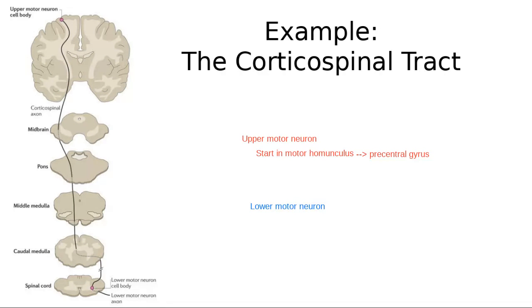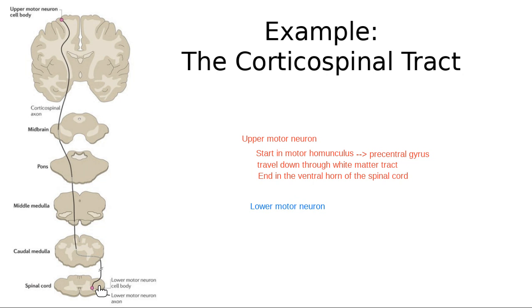Then it's going to travel down through white matter, through another descending tract. And my upper motor neuron is going to end in the ventral horn of the spinal cord. When we talked about the ventral horn of the spinal cord, what kind of neuron did we say lived here?